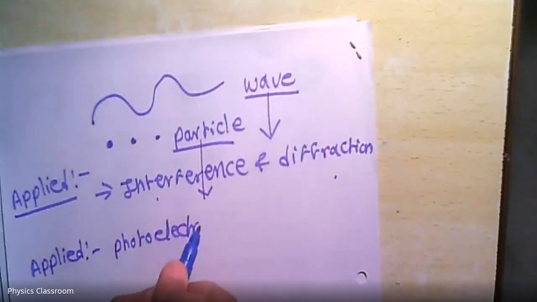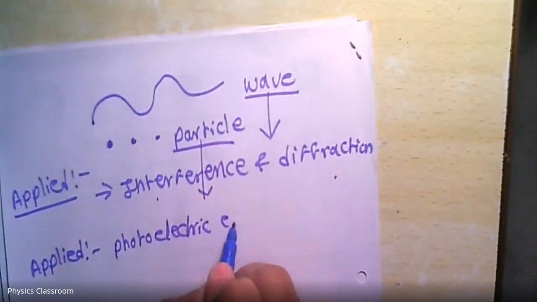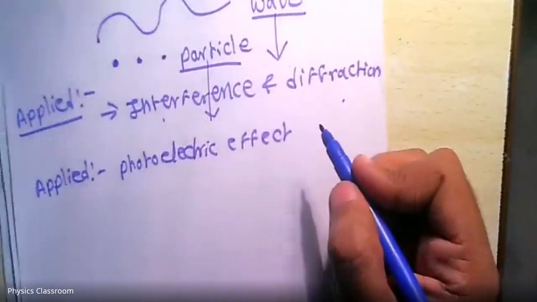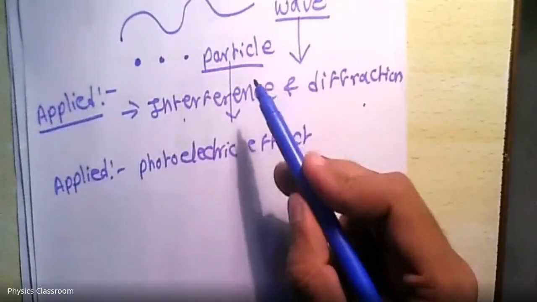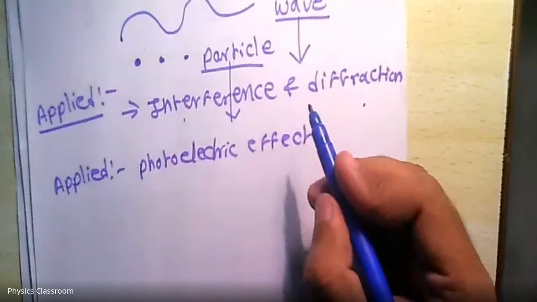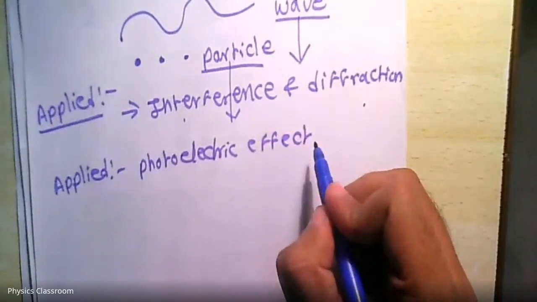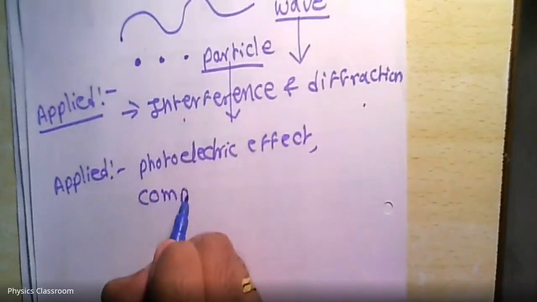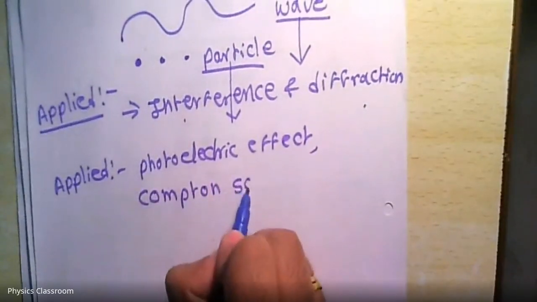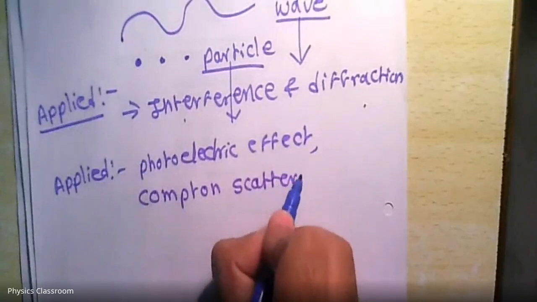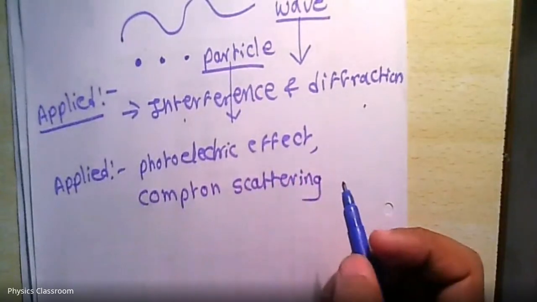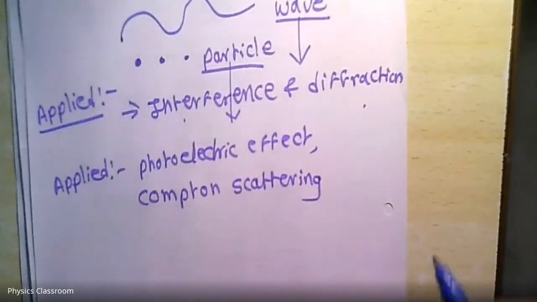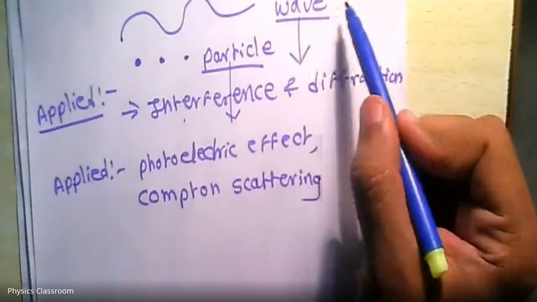the photoelectric effect. Einstein explained the photoelectric effect, in which he used the particle nature. Then there is Compton scattering, the main point in this wave particle duality.